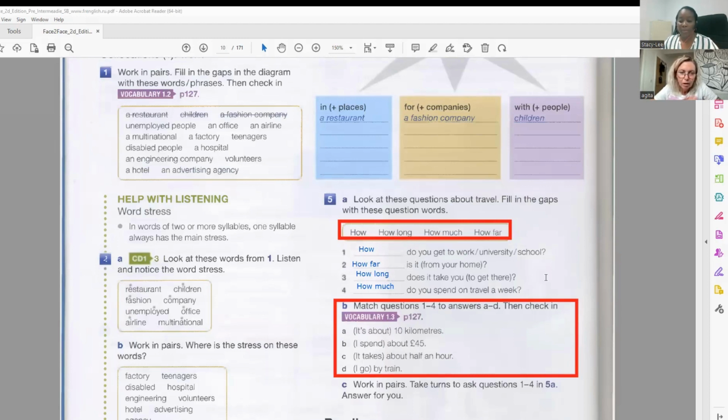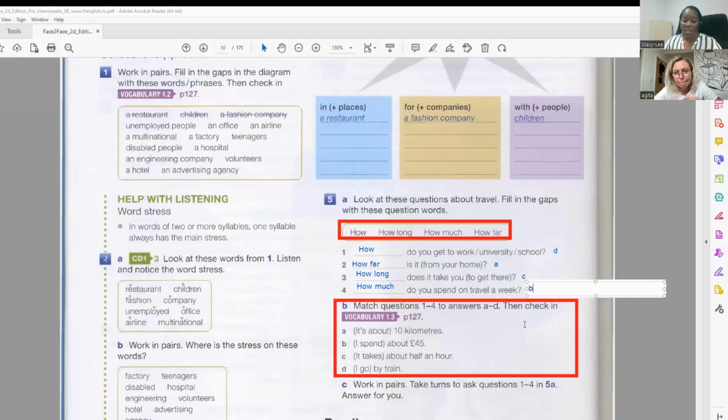That'll be D. How far is it? It's about 10 kilometers. Very good. How long does it take you? It takes about half an hour. Very good. And how much do you spend on travel a week? I spend about 45 pounds. Very good, Annika.